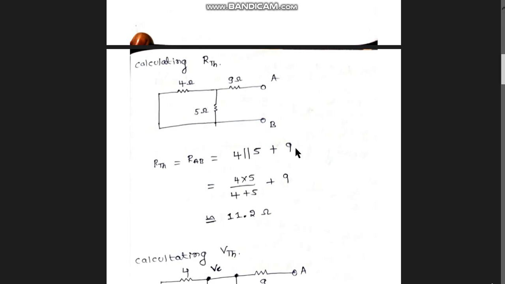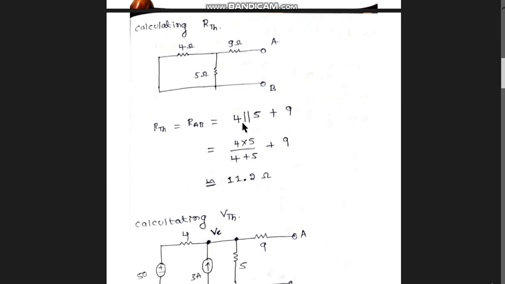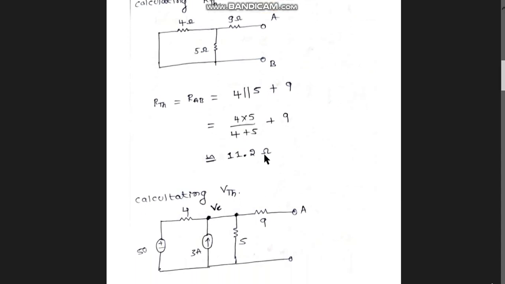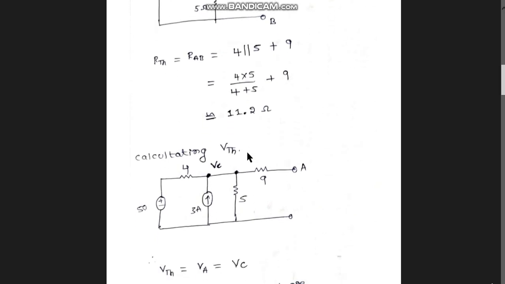So I am adding that. So 4 ohm parallel with 5 ohm, I will calculate this one: 4 into 5 divided by 4 plus 5, plus 9. So finally you will get RTH, that is the resistance between these two terminals AB, nearly equal to 11.2 something. So I have approximately written it as 11.2.